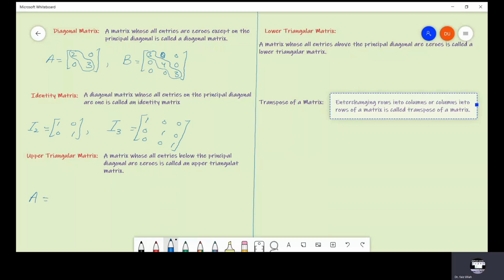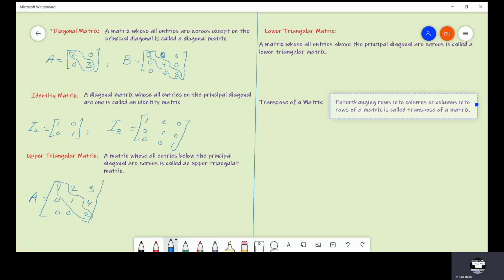In this matrix we have 1 2 3 0 1 4 0 0 2. And now we can see that all entries below the principal diagonal are zeros in this matrix. So this is called an upper triangular matrix.